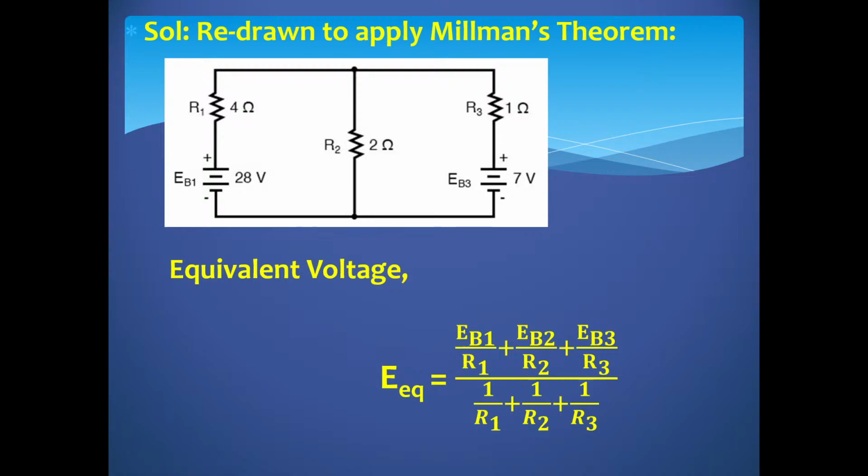So what is the EB1 value? EB1 is 28 volts. What is R1? R1 is 4 ohms. What is EB2? We don't have EB2, so its value is 0.